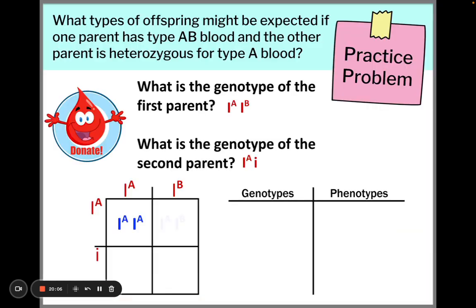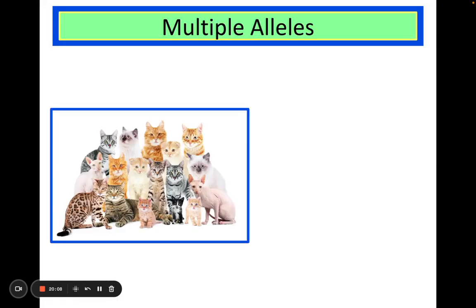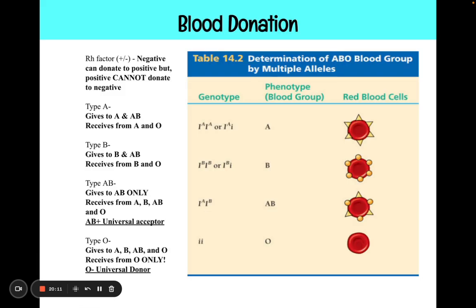We're going to skip this really quick, and then we're going to go back here. What it means is that if you're A, remember we talked about antigens, okay? If you're A, you have this little antigen A on your red blood cell. If you're B, you have this little antigen B on your red blood cell. It looks just like this, okay?